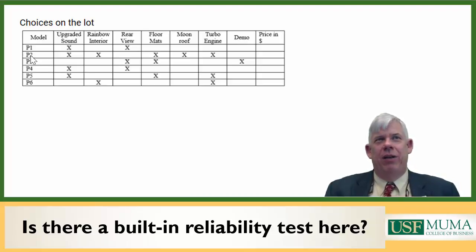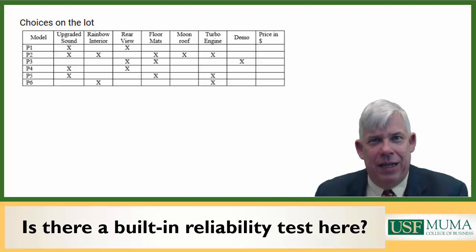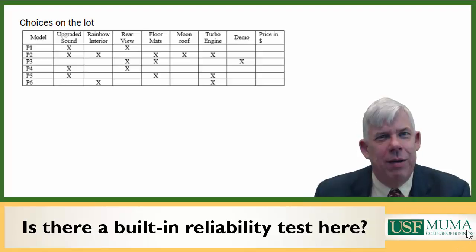And so in this particular example from our previous video, the P1 and the P4 cars have exactly the same configuration. So we would expect them to have exactly the same price. And in fact, in the survey that we did, I think about a third of the people responded with different prices for those two cars. So that would suggest that our measurement of price isn't very reliable because it can be affected by things like answering questions on other cars.